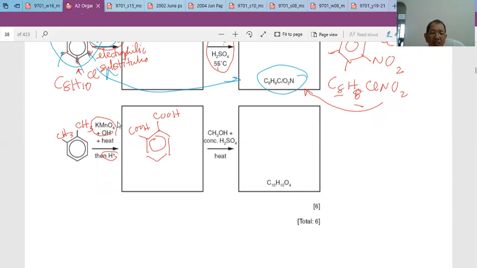Now then you add these two. Now, this is where your Form 5 or your AS will come out, okay? Carboxylic acid with alcohol and concentrated acid and heat. What happens? Esterification, is it. Both of them will undergo esterification, right?